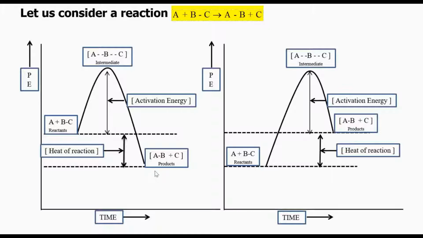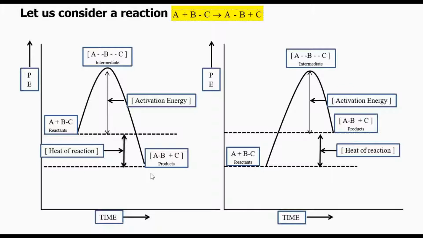products. And always remember that there is an inverse relationship between energy and stability. So if the energy of the reactants is more than the energy of the products, then you will be able to say that the reactants are less stable than the products, or you can say that products are more stable than the reactants.